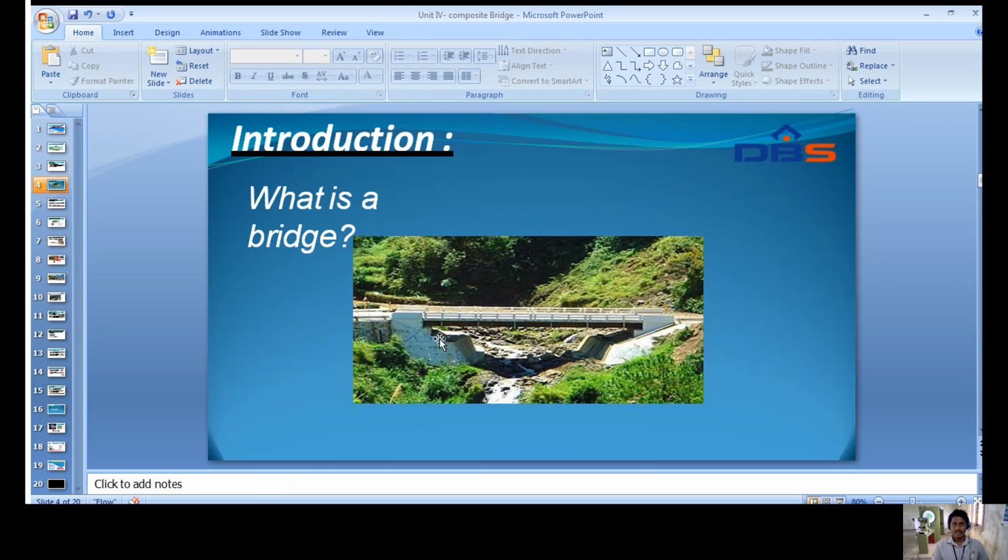It may be a river, a depth, a curve, a mountain, or a rock. A connection between two places is known as a bridge.